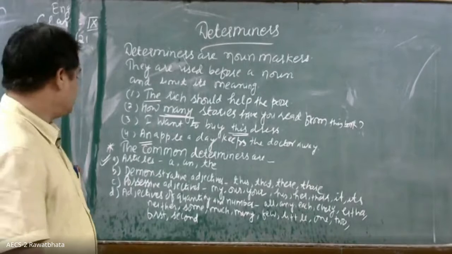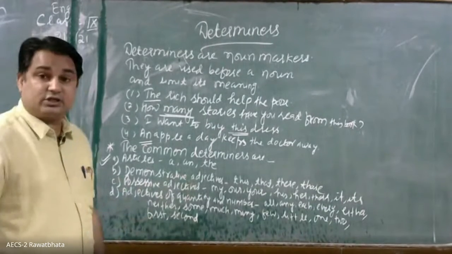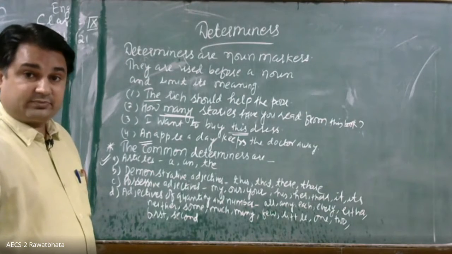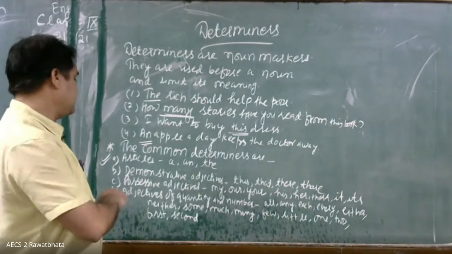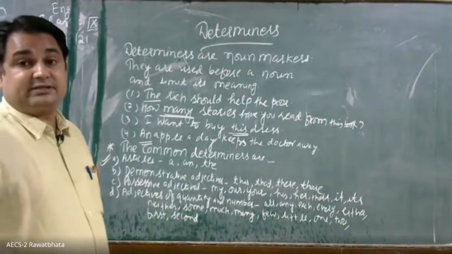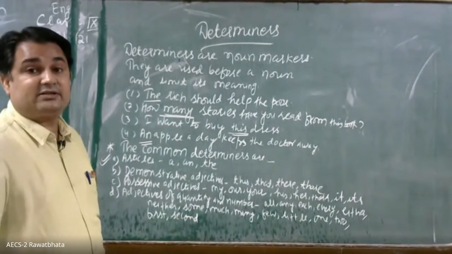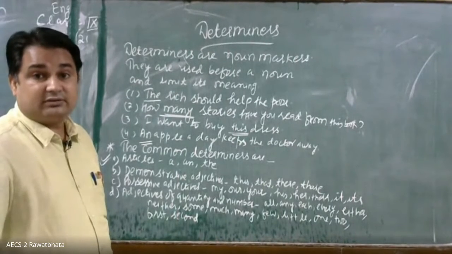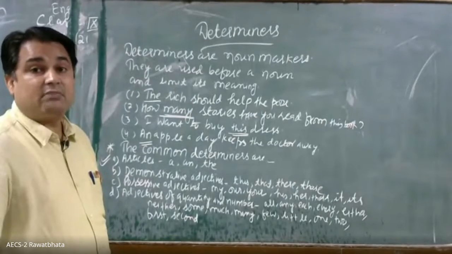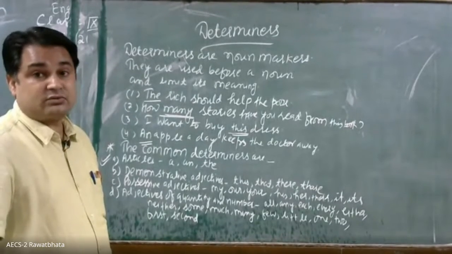So the demonstrative adjectives, they are determiners. Then, possessive adjectives, which indicate the ownership of something. As I said, this is my house. So house, whose house?